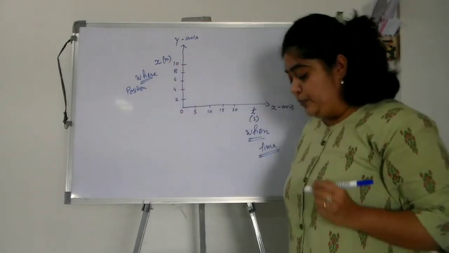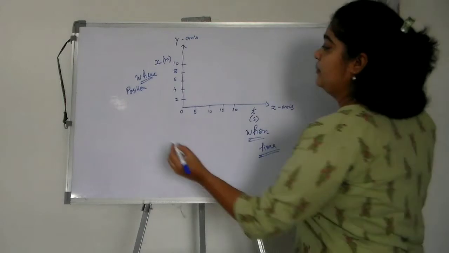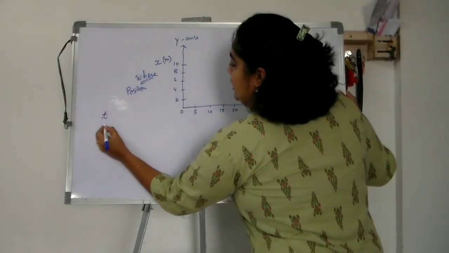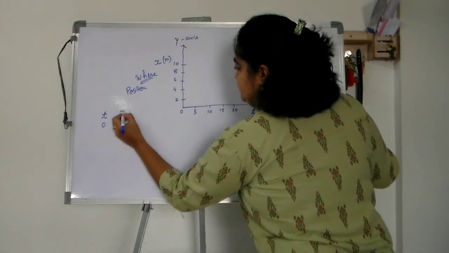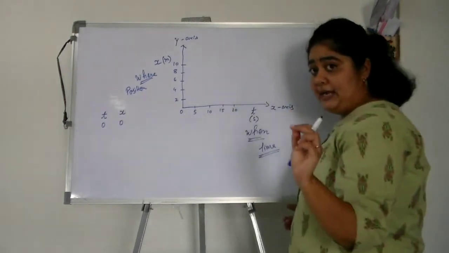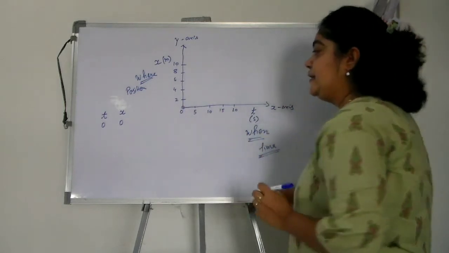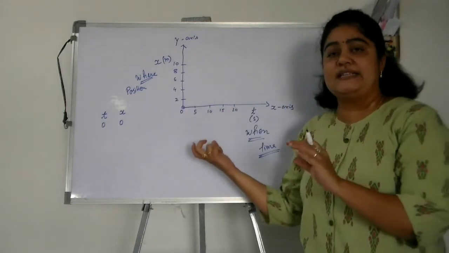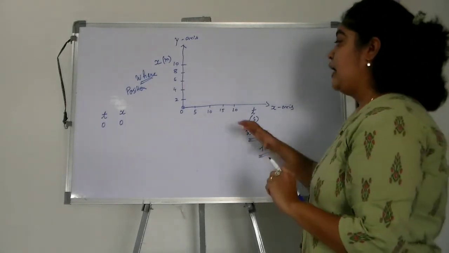Multiples of 2. So now at time t equals 0, say the position x is also 0. That means my object is at the position 0, 0, so it is at the origin of the Cartesian coordinate system.